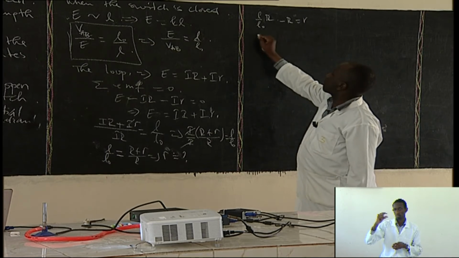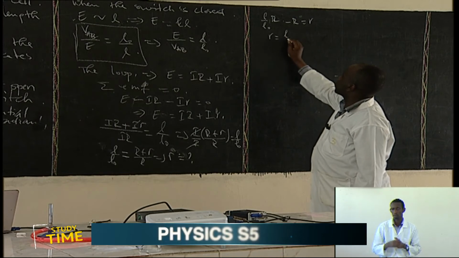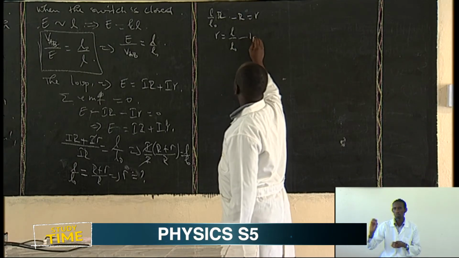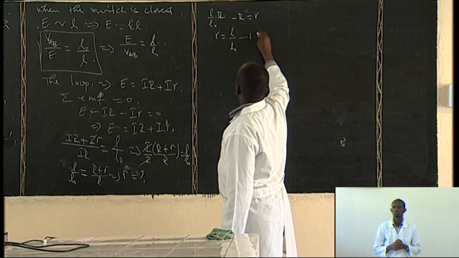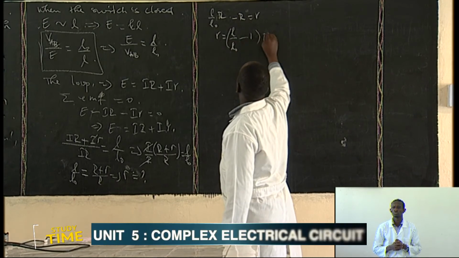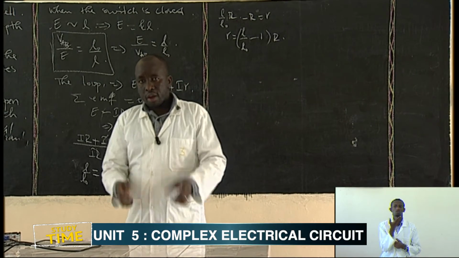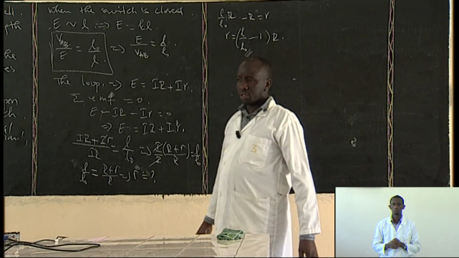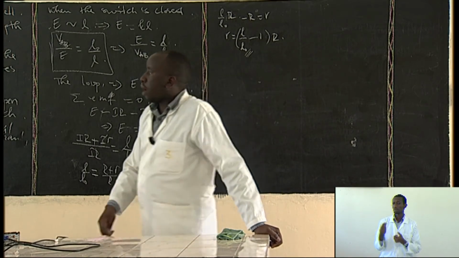So this time R will be equal to L over L0 minus 1, times R. So this is what we have. Now we have this L0, and you see that L0 is very big.